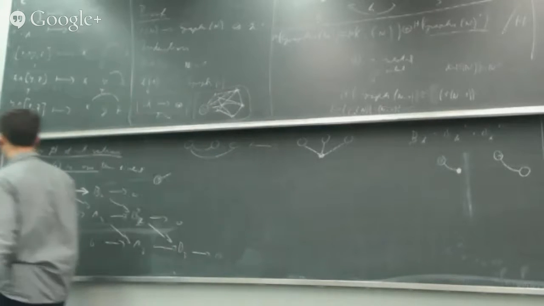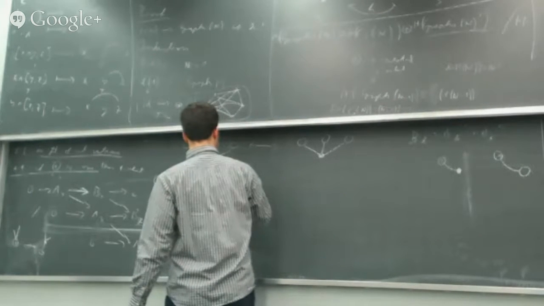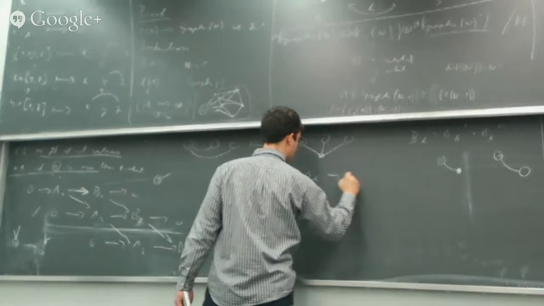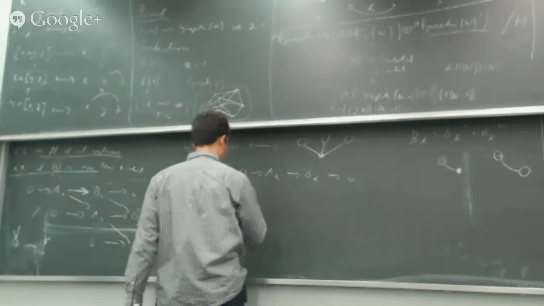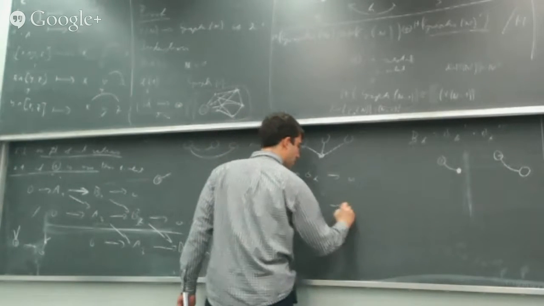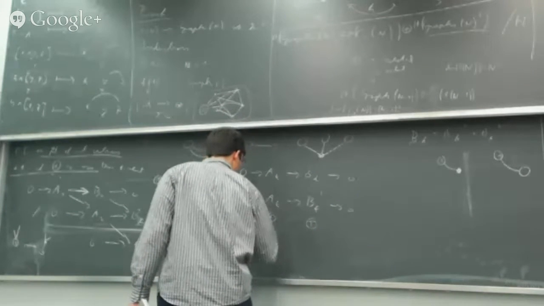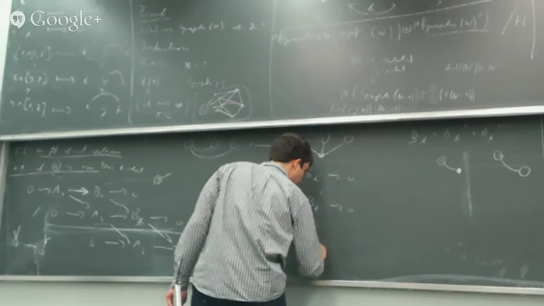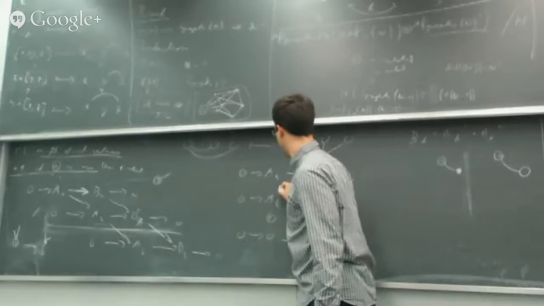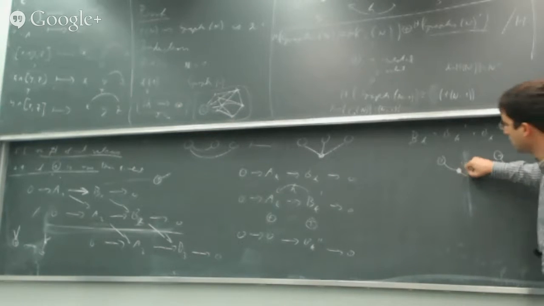So now I'm investigating one row, which looks like 0, Ak, Bk, 0. But it splits as 0, Ak, Bk prime, 0 plus 0, 0, Bk double prime, 0. And here I can have the homotopy only in this case.